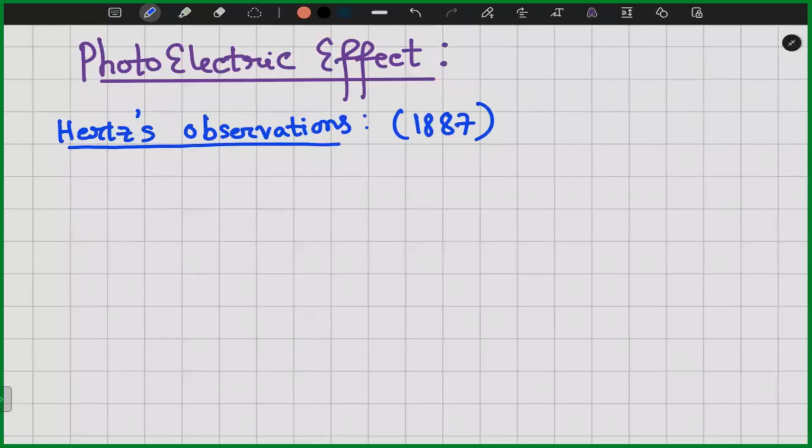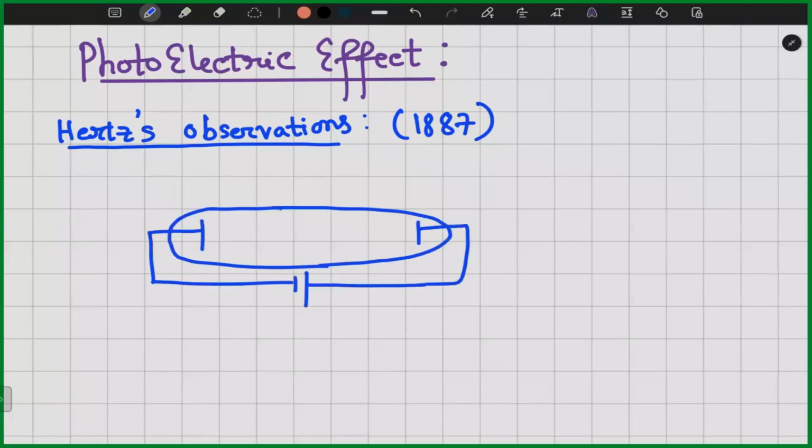So what did Hertz observe? He observed high voltage sparks. Sparks mean the presence of electrons. First, we have to draw the setup. A similar kind of setup was also used in his investigation. And one important thing, the photoelectric effect was discovered by Hertz actually, not by Einstein.